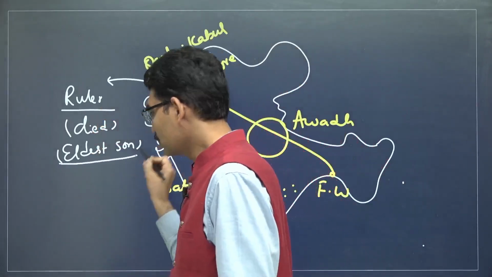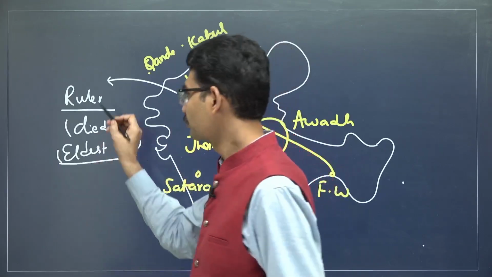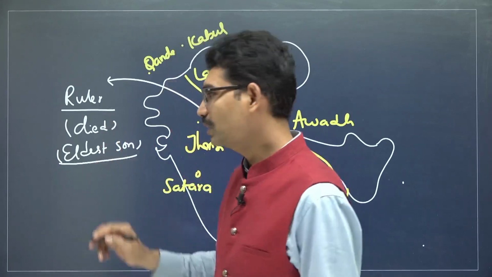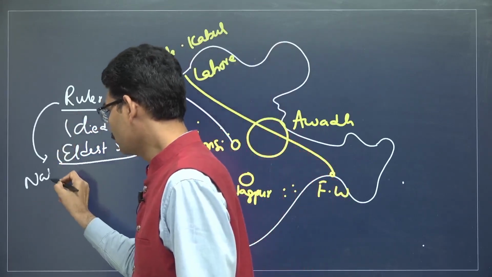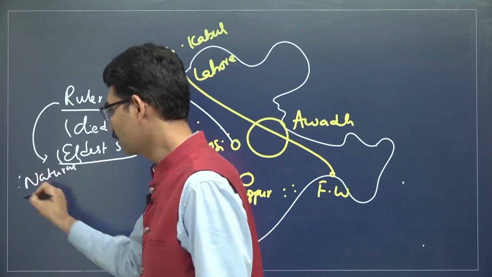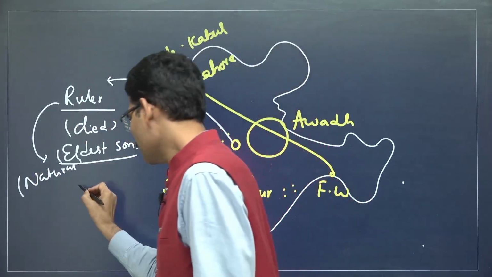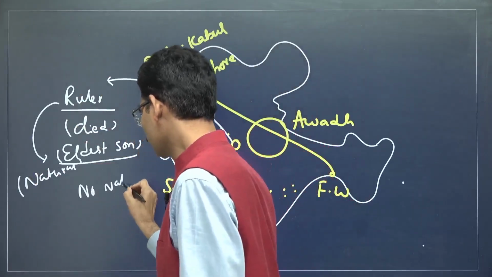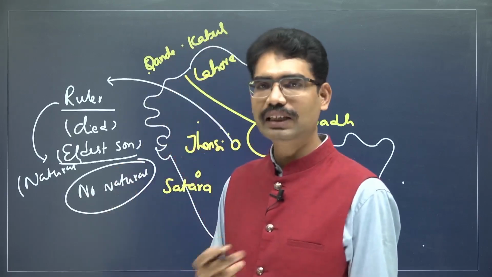This is about the succession issue within the family. The British brought this idea that if a ruler has natural sons, a natural heir, then they will decide who is going to be the ruler. Suppose there is no natural heir, that means no natural-born son.